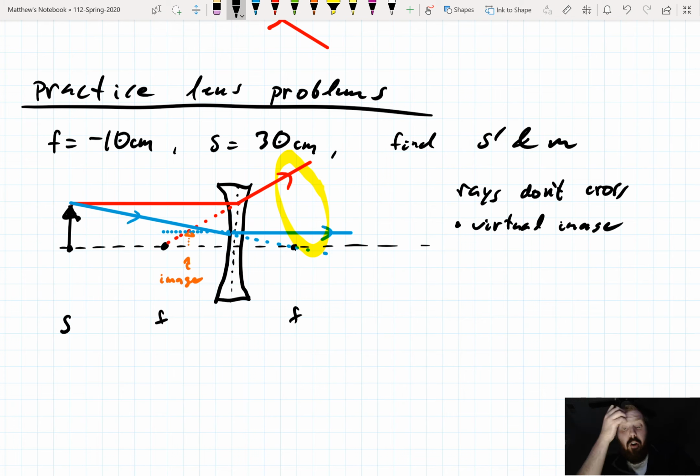It's a virtual image because the real rays do not cross. So S prime better be negative. The magnification, magnitude-wise, is a number less than 1, and upright.